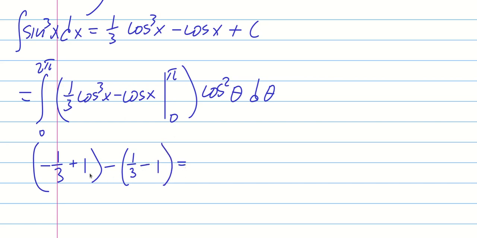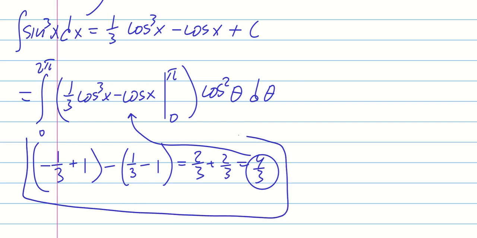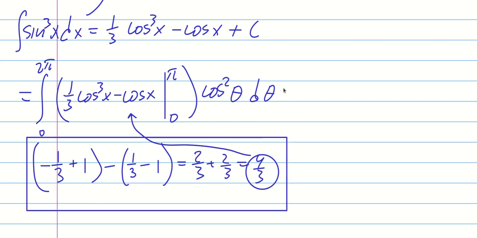Okay, so what do we get here? We get 2/3, and here we get negative 2/3, but this minus will put a plus on it, so we get 4/3. So 4/3 we can put over here. So that's our separate calculation.